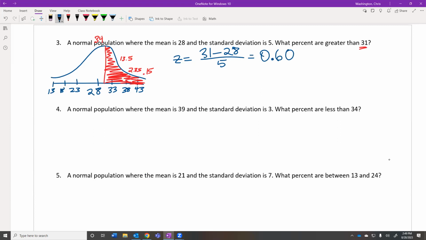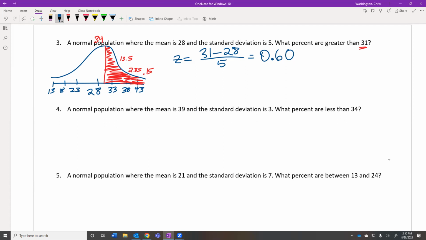We have a positive z-score here. If I were to look up the negative z-score by accident, like negative 0.60, I might not get the right answer. Flip it over on the back, make sure all the left-hand side is negative numbers, and maybe write negative at the top. You don't have to do that, but it's a good recommendation. That way you make sure you're looking at the right side of this chart before you look anything up.